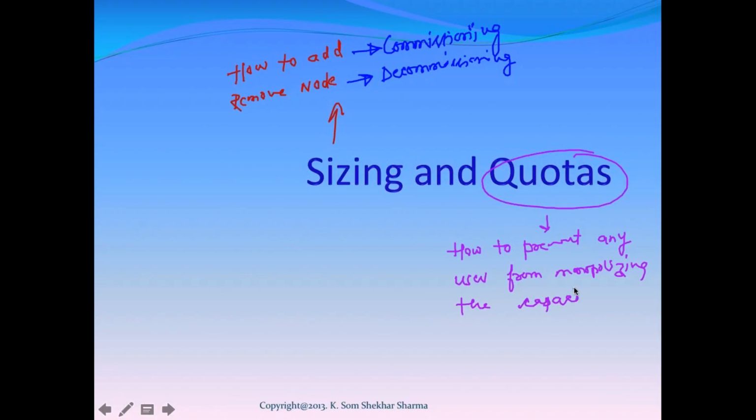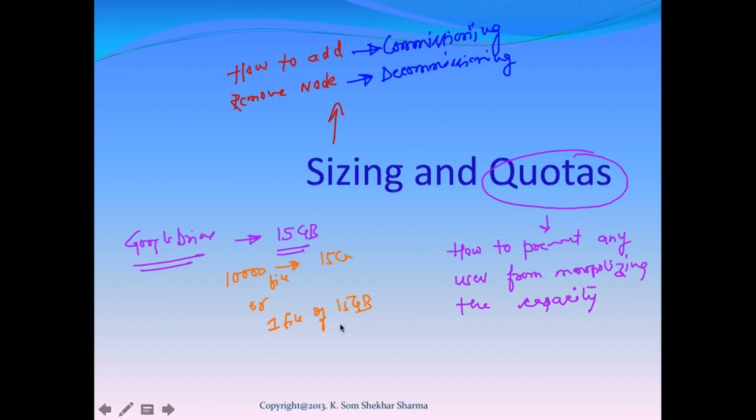In short, if you see the Google Drive, each one who has a Gmail account gets 15 GB of capacity. Now, in this 15 GB of capacity, they can put either 10,000 files worth of size 15 GB, or they can put one file of 15 GB.